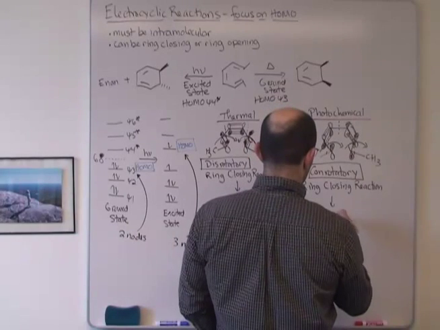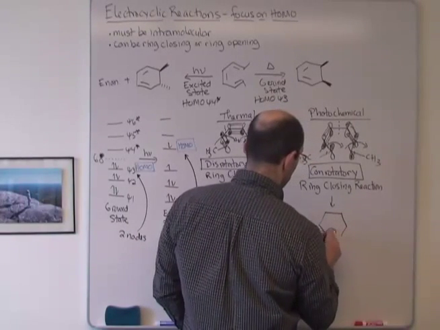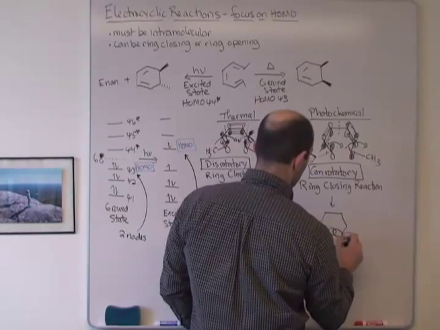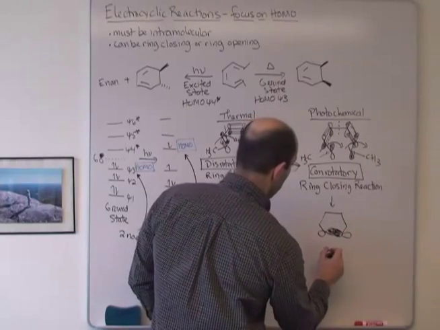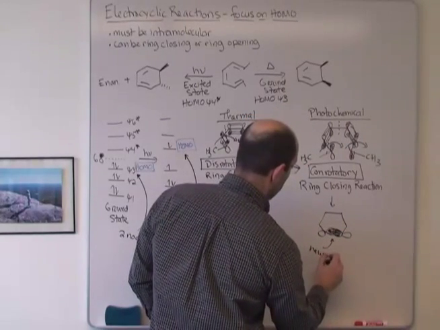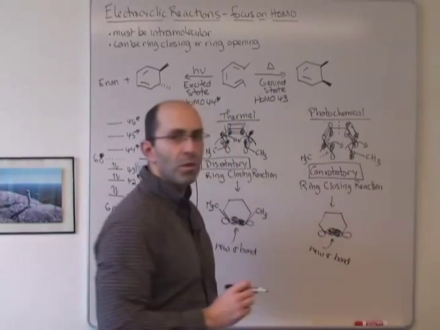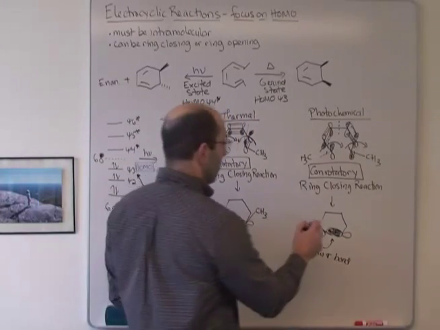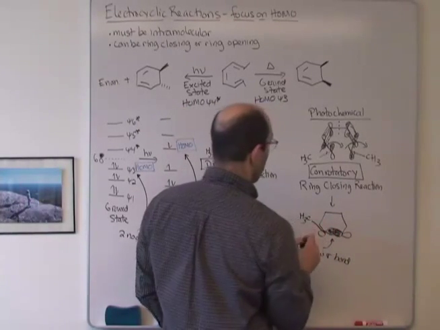And if we draw out the resulting new sigma bond, we have the overlap that we want, all right, that constructive overlap that we need. And if we look at where the methyl groups are, the methyl group on the left is pointing up.